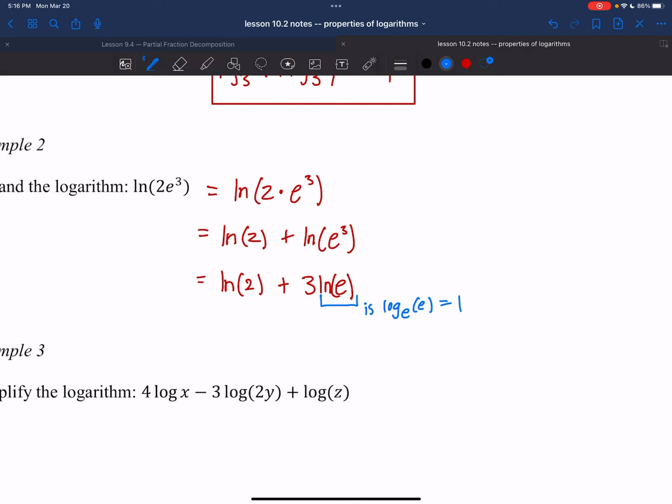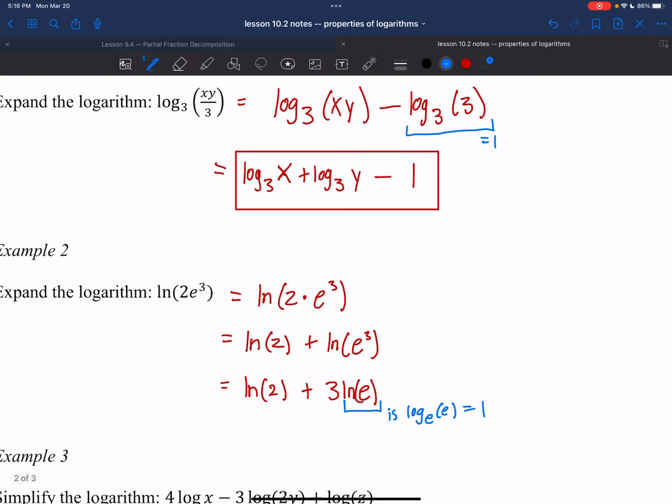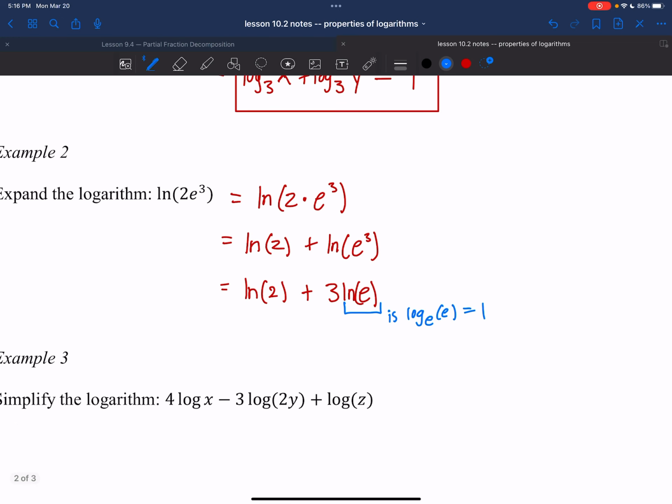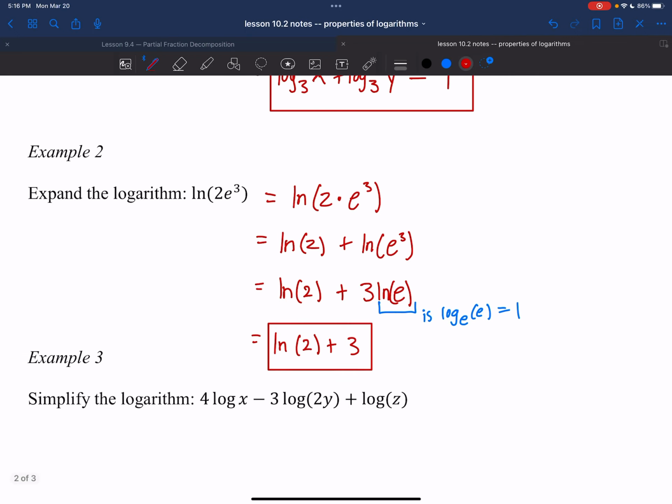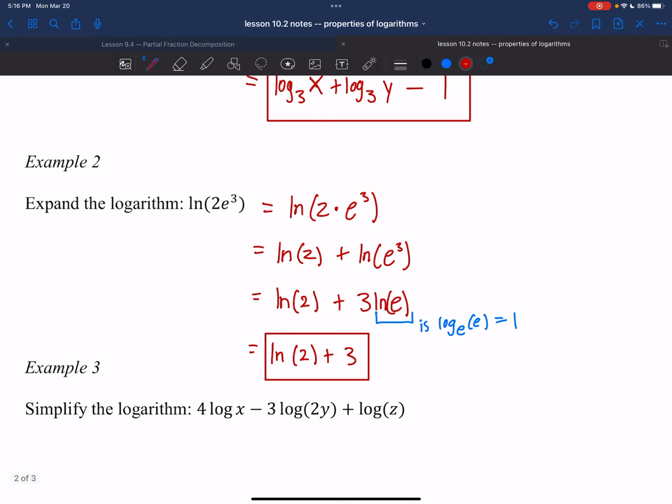That's equal to 1, right? Because we did that log base 3 of 3. So therefore, this expands into natural log of 2 plus 3. And that is fully expanded. And it's kind of funny. In some way, we're also simplifying, right? This is, in a way, simpler than the previous one.